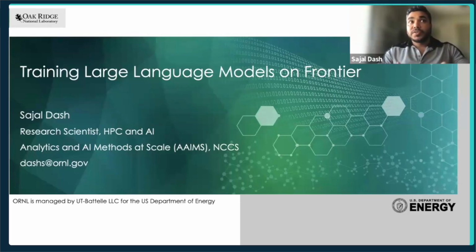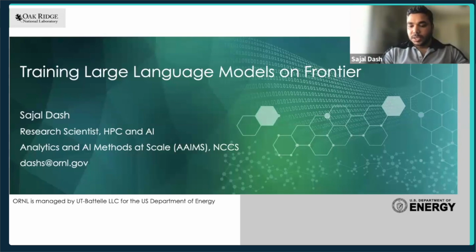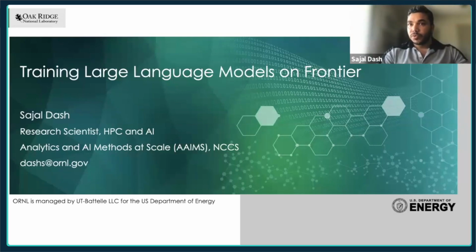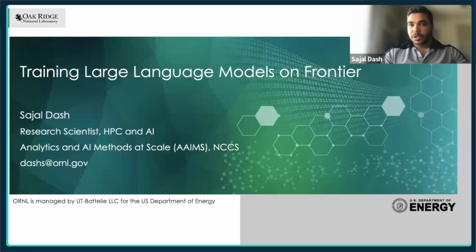I have been doing some research on training large language models and deep learning models in general on our supercomputers. I work in a national lab and also a supercomputing facility where we host usually the fastest supercomputers in the US. Recently I've been working on Frontier, an AMD GPU built supercomputer.